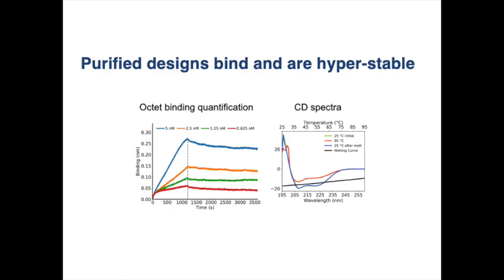After people come up with these optimized combo library proteins, you can express them in E. coli and quantify their KD quite accurately with an Octet in vitro. You can also use CD spectra and other techniques to figure out whether the secondary structure the protein actually adopts matches what you imagine.